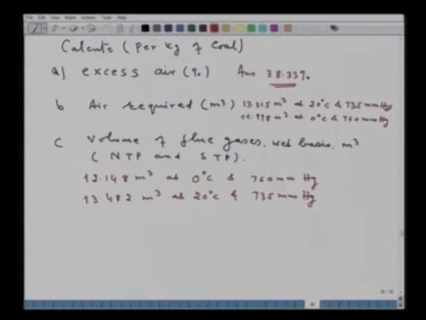Now, another problem I would like to give you is that I will partially solve and partially you solve yourself. Now, the problem is as follows.